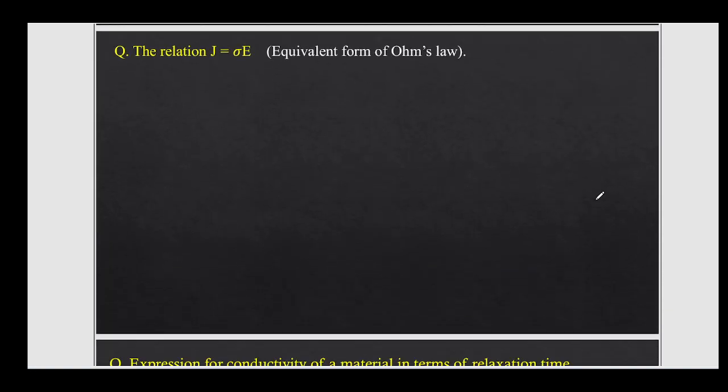Then we have, as I told you, J is equal to sigma into E. The sigma is the conductivity that is given by Ne square tau by m. So we have the derivation for that, but here I'm just giving you the formula for the conductivity.